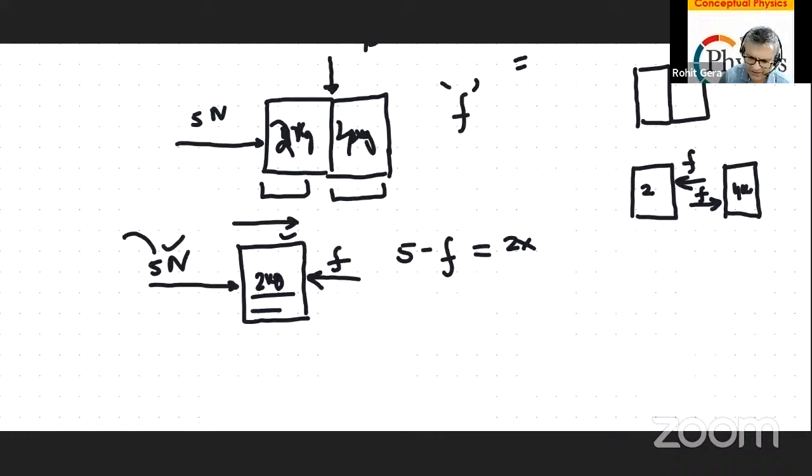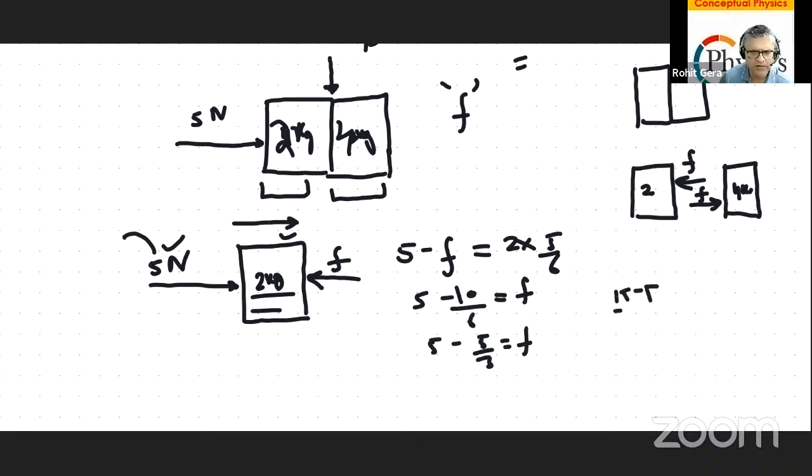So I'm just putting it here as 5 by 6. So if I do this, I get 5 minus 10 by 6 is equal to F. Okay, so 5 minus 5 by 3 is equal to F, and therefore 15 minus 5 by 3 is equal to F. So F is equal to 10 by 3.